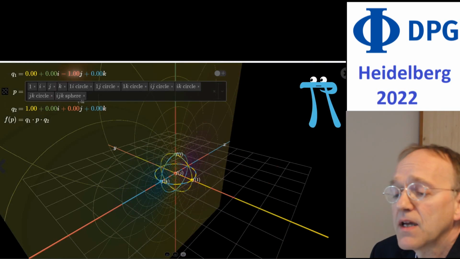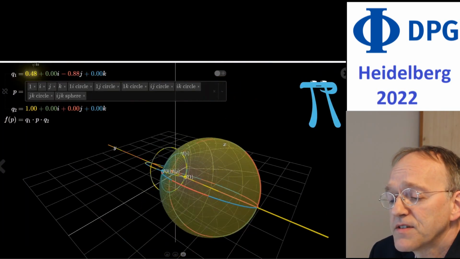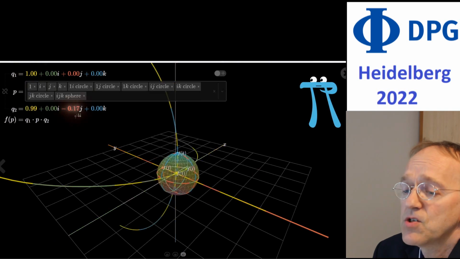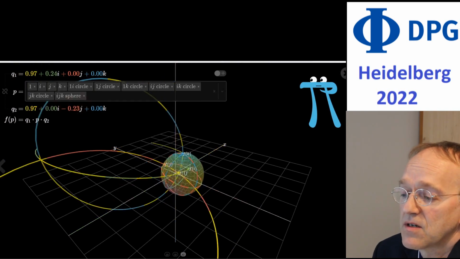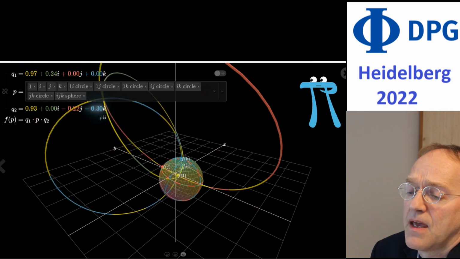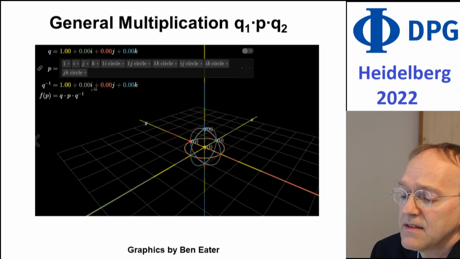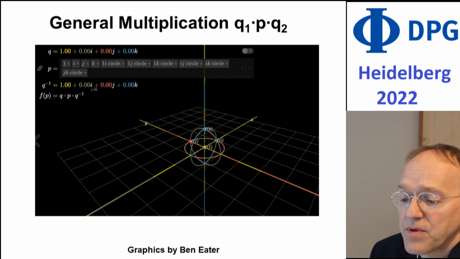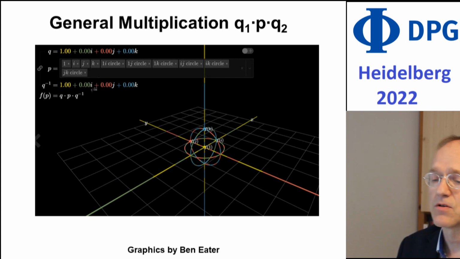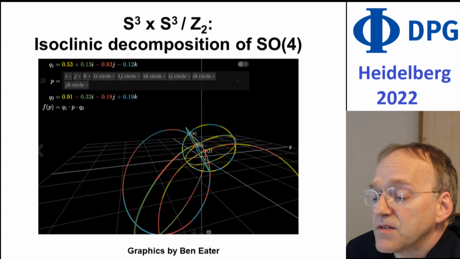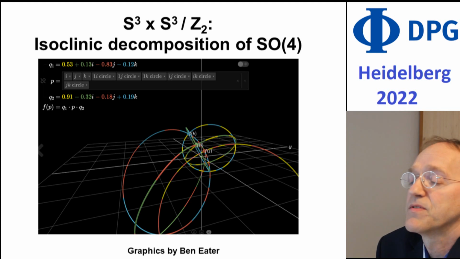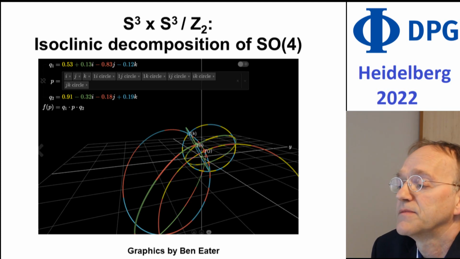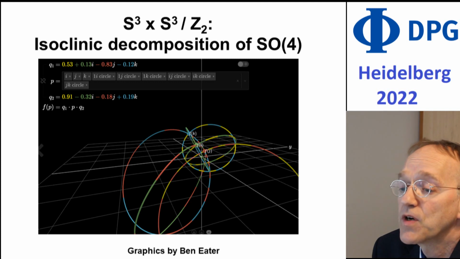As I said, all this can be very nicely visualized, but the interesting thing is that doing right and left multiplications with these unit quaternions corresponds, at the next slide, to the isoclinic decomposition of the unit rotations in 4 dimensions.